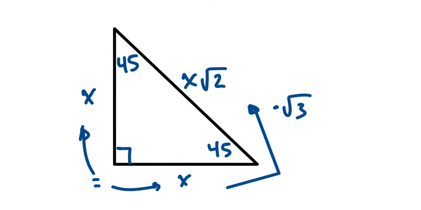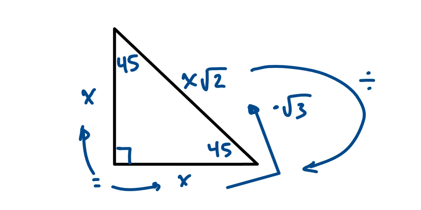And if I'm going to go the other direction, if I'm going to start with the hypotenuse and I need to figure out what the missing leg is, then we would be dividing by the square root of 2. So these observations are enough for us to figure out the two sides of the 45, 45, 90, if we're given one of the sides.